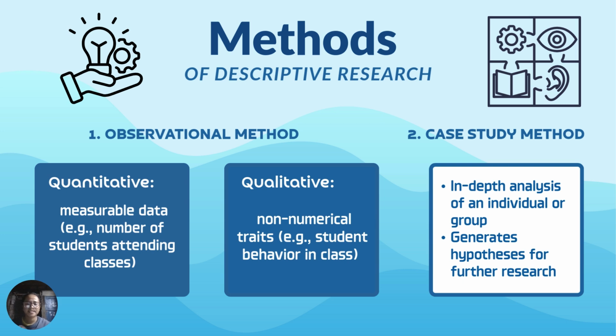So, what are these methods? Again, there are two main methods of descriptive research. First, as you can see, we have the observational method, where researchers carefully watch and record behaviors.